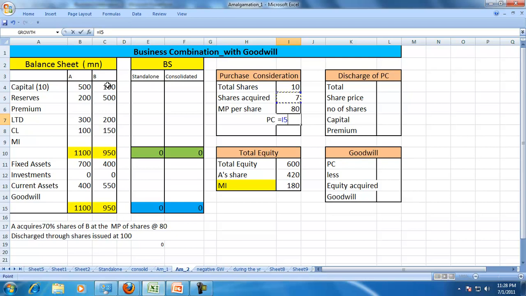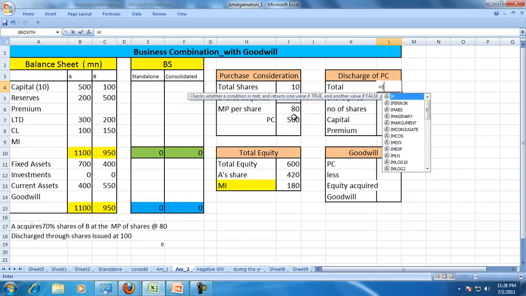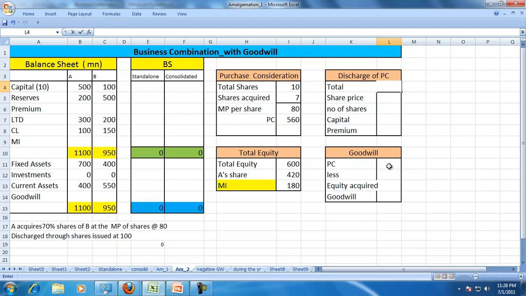So purchase consideration is 7 into 80, which is 560. This purchase consideration is calculated on the basis of the market price of the share, and it will be used to calculate the goodwill. So let me first do that.